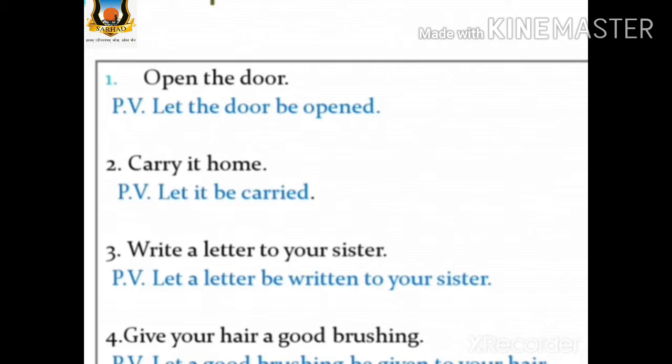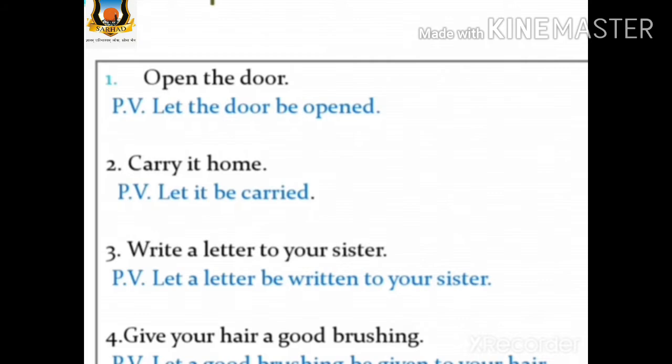And which one is the verb from this sentence, students? Yes, give is the verb from this sentence.